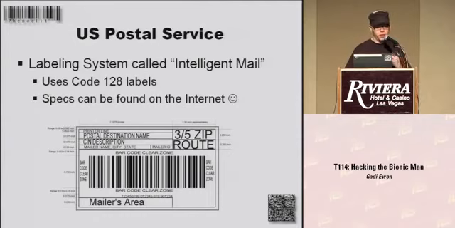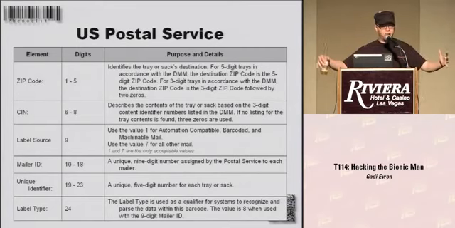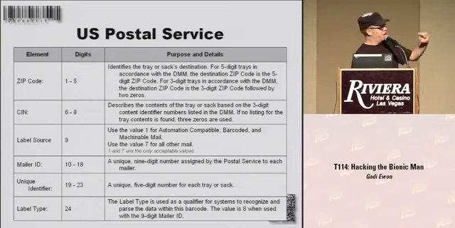So what's in a barcode? They have the spec. It says, here's the zip code. Yeah, it kind of makes sense. Where should this go? Oh, and mind you, this only works for crates and big stuff, not for small letters. So you have the zip code where it goes, a CIN, and a label source, which says where it came from, or what type.